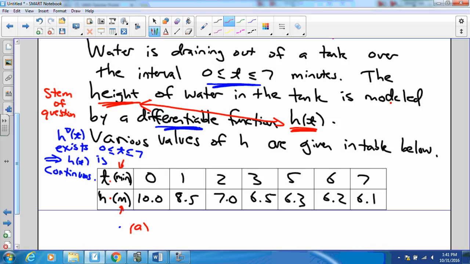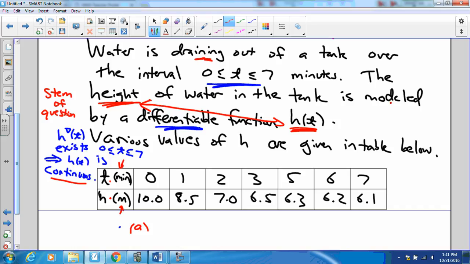The next thing I want you to observe that's really important is that these values you see right here are not the only values that H has. They're the only ones that I know about. H actually has values for every t between 0 and 7. How do I know? Because it's continuous. But I don't know what the ones in the middle are.